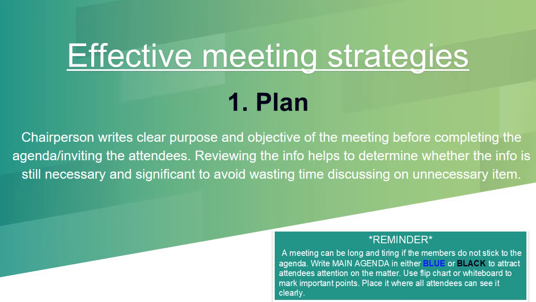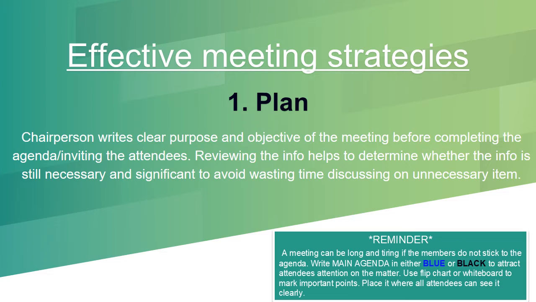To answer all those questions, we need to have effective meeting strategies. Okay, number one is planning. In planning, the chairperson needs to be clear about the purpose and objective of the meeting. He or she needs to write down the purpose and objective and other information needed for the meeting on a piece of paper.